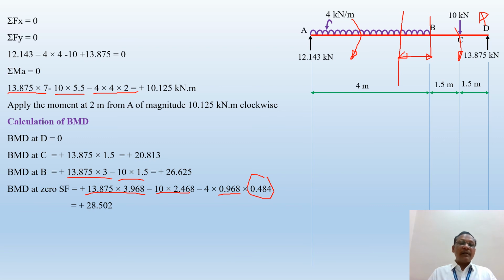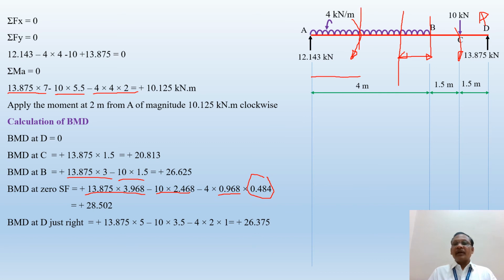So the final value at 0 shear force, the bending moment is 28.502. Then bending moment at D. Where is D? D is that point which is at 2 meter from the left hand side. It is mentioned in the statement of the problem.